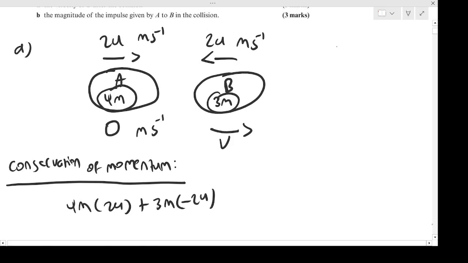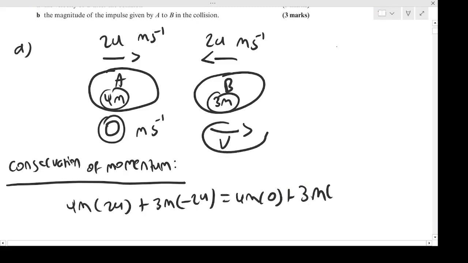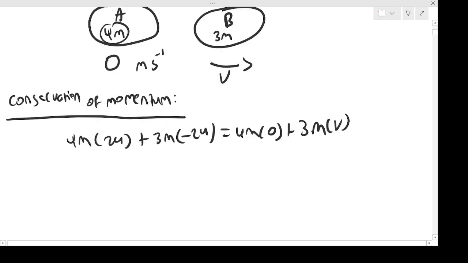Then afterwards, A has mass 4m and velocity 0, so 4m lots of 0, and then 3m lots of v for B there. Hopefully happy with that. Those are all the momentums before and after.